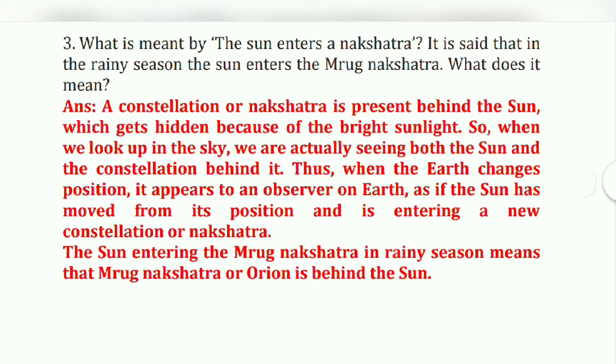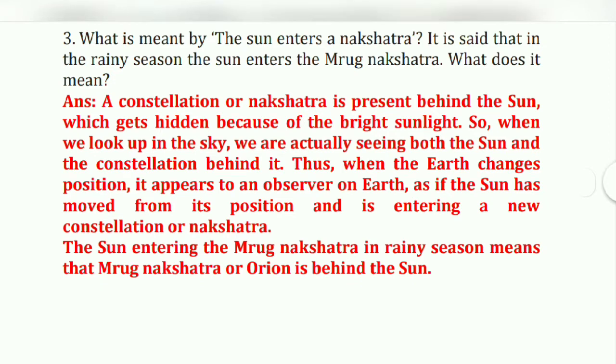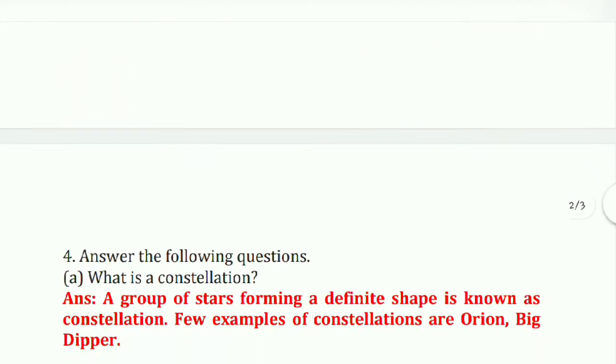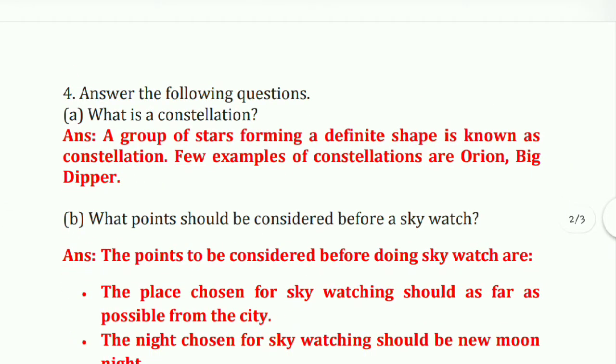Thus, when the earth changes position, it appears to an observer on earth as if the sun has moved from its position and is entering a new constellation or nakshatra. The sun entering the Mruga Nakshatra in rainy season means that Mruga Nakshatra or Orion is behind the sun. Okay, move to the next question.